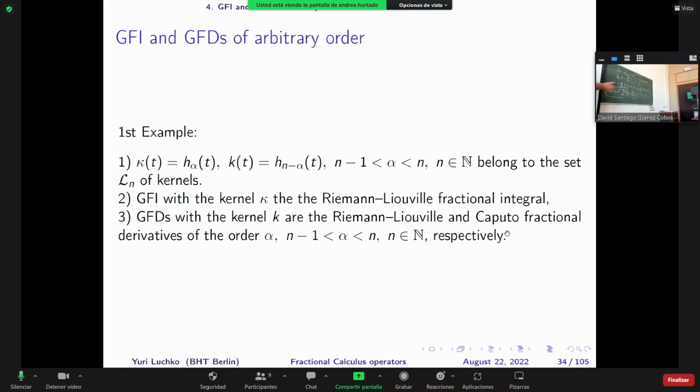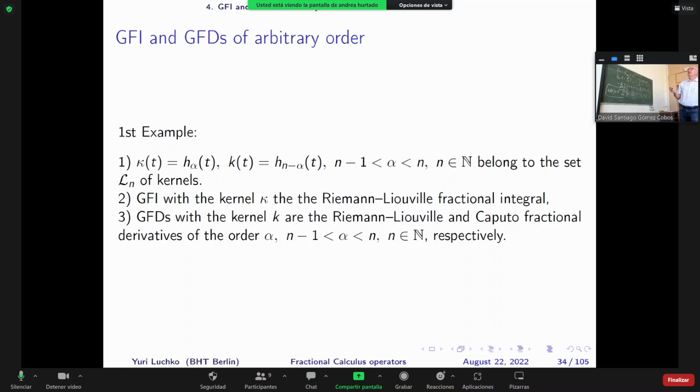Here are some examples of the suitable kernels. Of course, the case of the Riemann-Liouville and Caputo derivatives is included. In this case, the kernel kappa is just the function h alpha, the power law function, and the function k depends on the value of alpha.